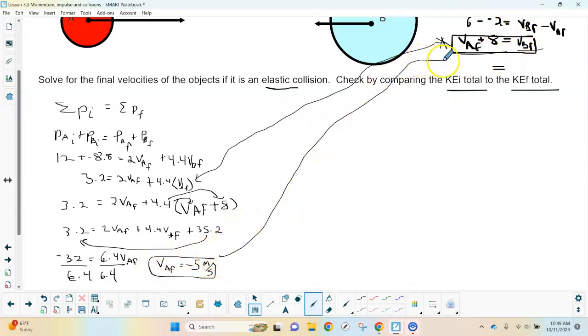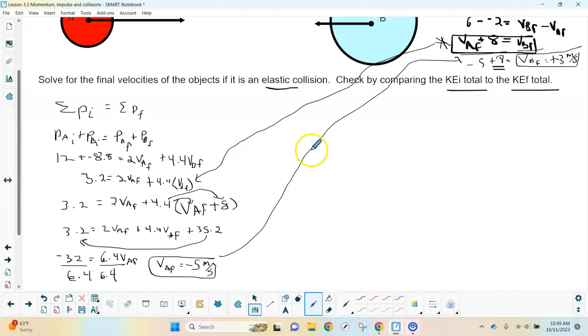If I say negative 5 plus 8 should get me VBF, then VBF is just equal to a positive 3 meters per second. So we have a solution for both of those. You can plug it back in and check it works. It's the simultaneous solution, it solves both of those.